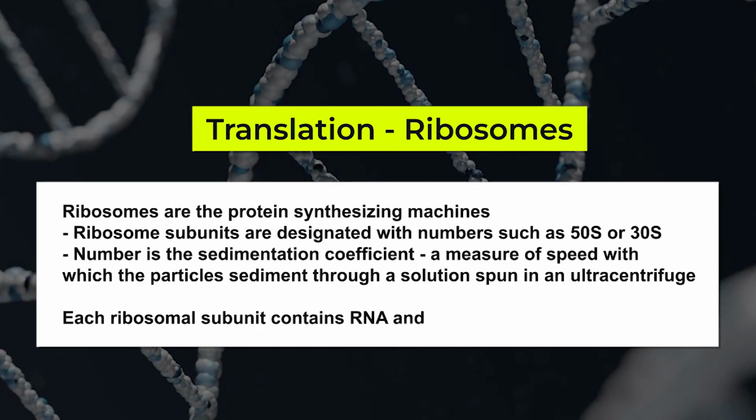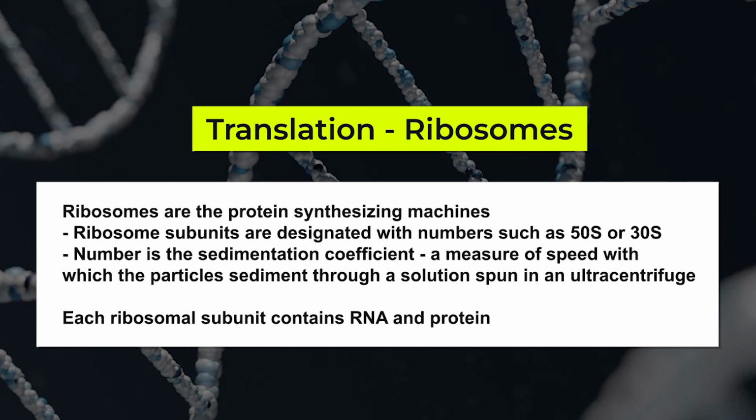Now, come to the translation part. Translation is the protein synthesis. In protein synthesis, mRNA acts as a platform. In the prokaryote and the eukaryote, the ribosome acts as a platform where the mRNA remains, mRNA provides the genetic code and tRNA is the adapter molecule which brings the activated amino acids.